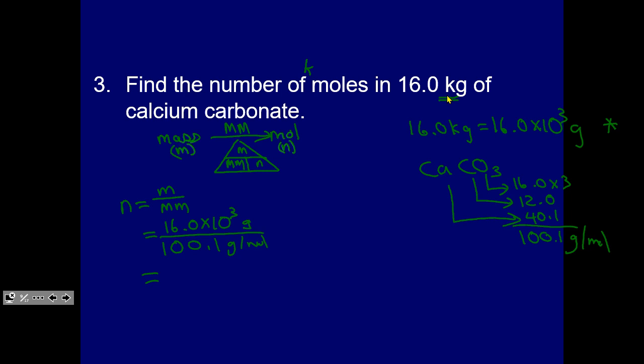I'm not going to show you my calculator, but I'm now going to press the EE or EXP button. 3 divided by 100.1 equals 159.8. It's looking like it's 160 moles. Right, on my calculator I had 159.84. I'm rounding that to 3 digits.